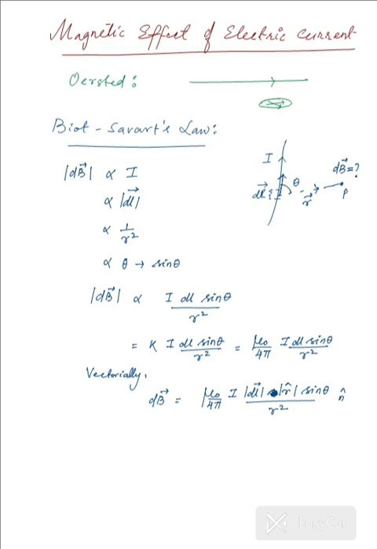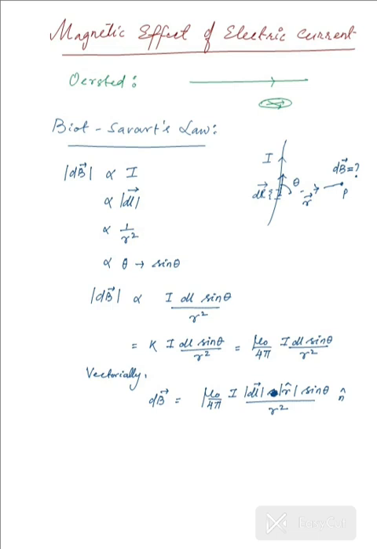Now n cap is going to be the direction, and in case of cross product, as you know, the direction is always normal to the plane containing both those vectors. Now in this figure on your screen, dl and r are on the plane of paper that you are observing right now, and therefore it will be either into the plane, that end cap, or out of it. We'll see how.